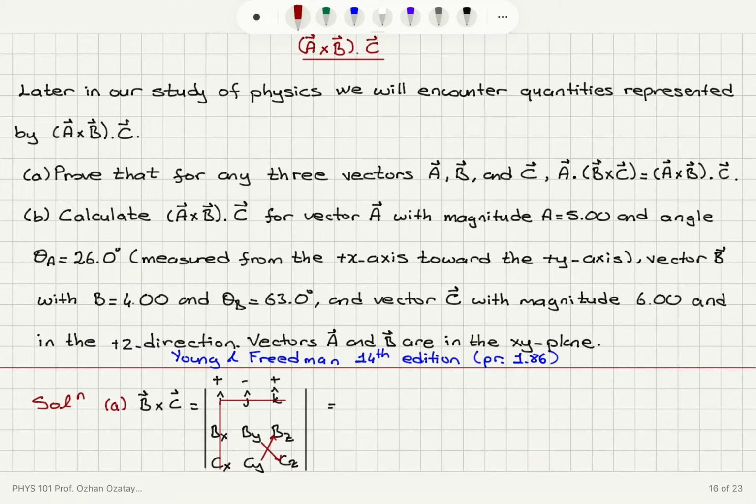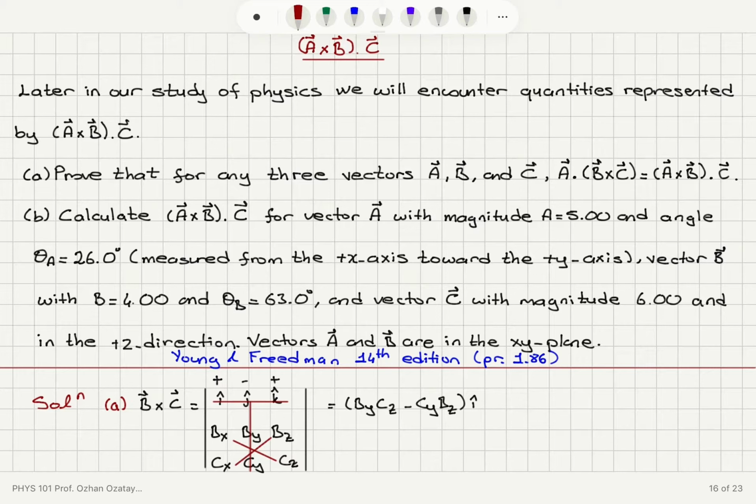So we obtain ByCz minus CyBz in i hat. And for the j hat component, we would cross out the first row and the second column, and that would give us BxCz minus CxBz.